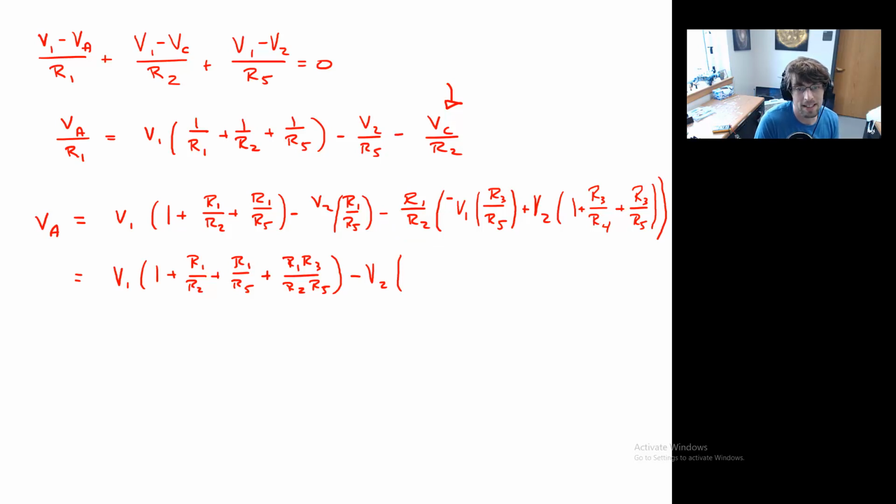And we have something like R1 over R2, 1 plus R3 over R4, plus R3 over R5. And then we have this other term floating around here, R1 over R5.